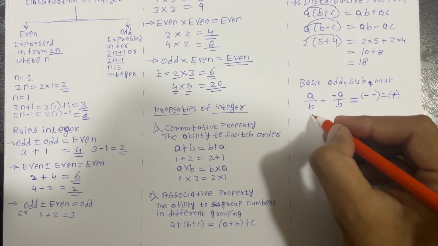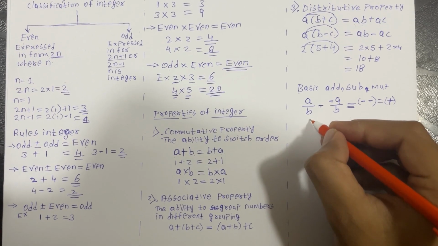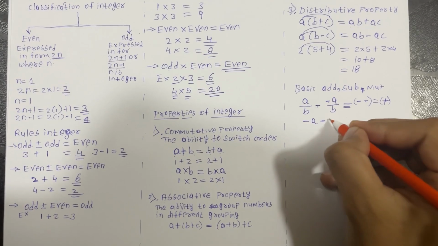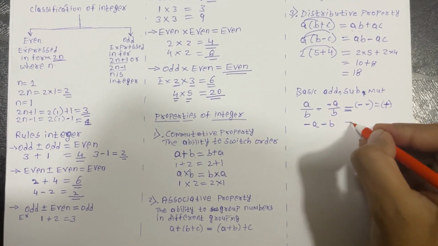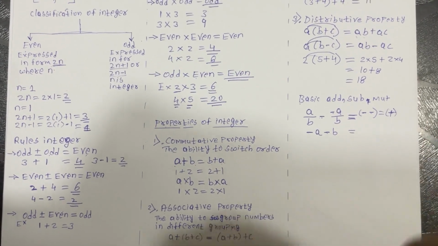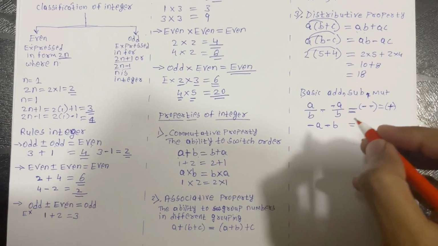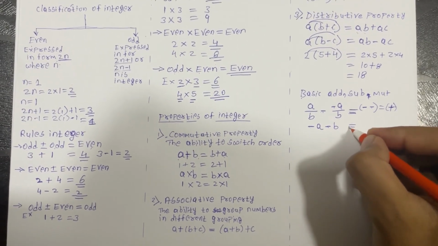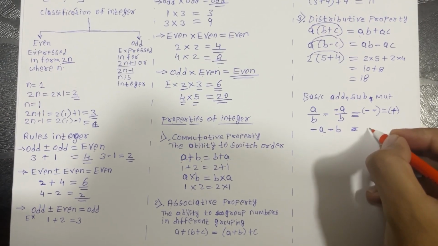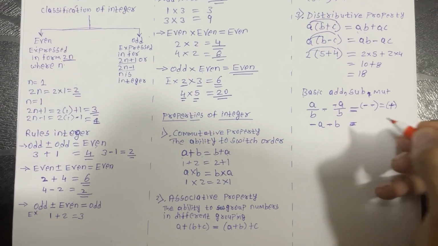Then now further, if we are given minus a to minus b, then this will be minus minus plus, but the sign will be of the bigger number. Like for example, if a is bigger, then minus into minus will be plus their addition, but the sign will be of a, the bigger number.